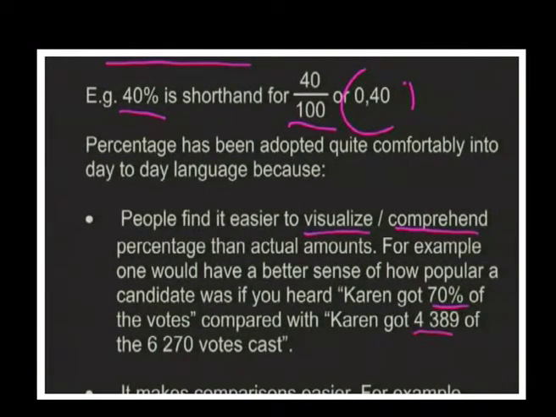I can understand what that means. But if I say Karen got 4,389 of the 6,270 votes, I've already lost most of the people out there when I started talking about these big numbers. But as soon as I say 70%, it makes sense and I can actually understand she did really well on these elections.